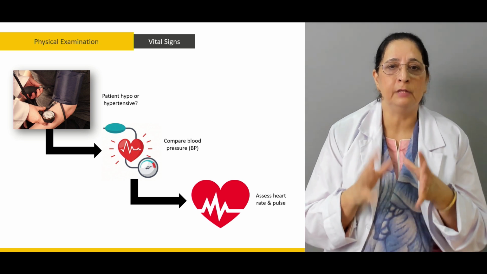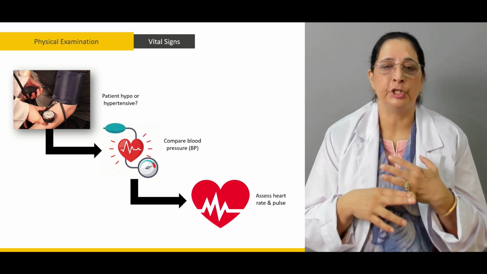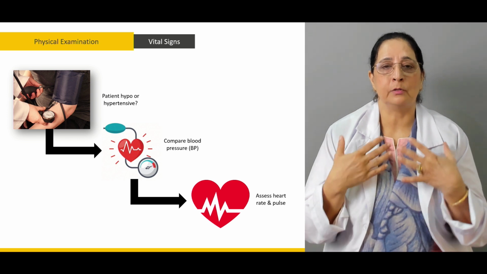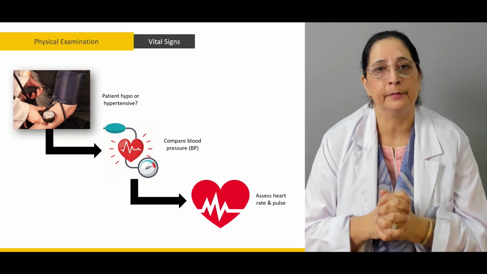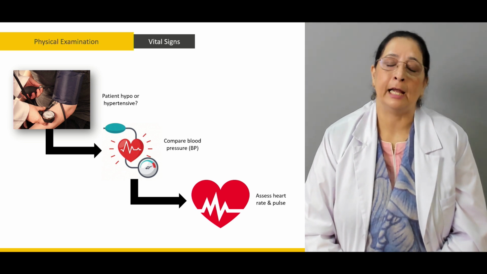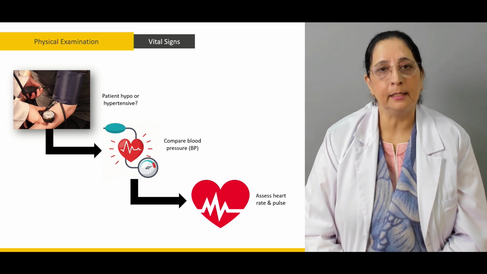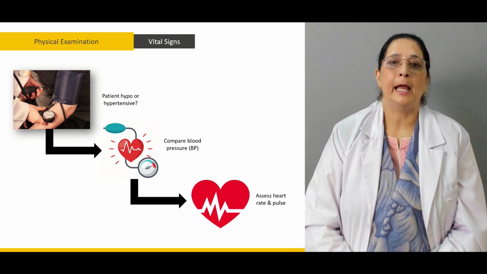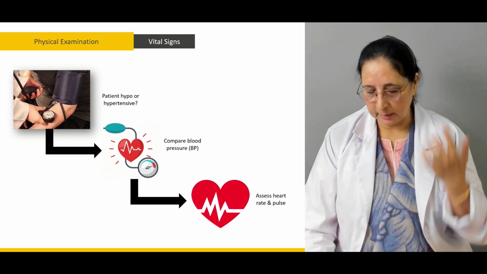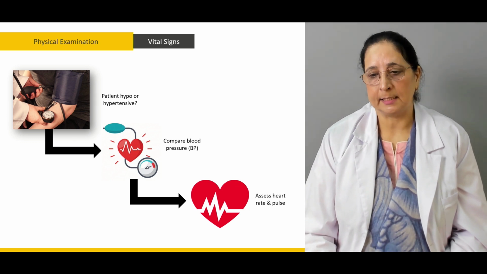So when we do the vital signs, we should look for the blood pressure of the patient and the temperature, pulse, and also observe the breathing of the patient, whether they are breathing normally or they have tachypnea, which is like tachycardia, fast breathing, and bradypnea, which is slow breathing. So all these are important components of the vital signs.